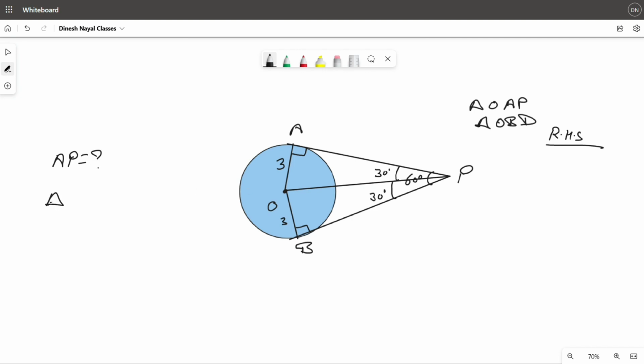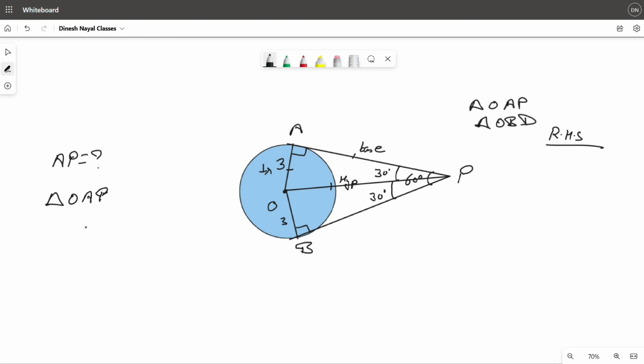Now if you take triangle OAP, we see AP is actually the base. This side AP will be the base. The side opposite to the angle is the perpendicular, and opposite to 90 degree, OP is the hypotenuse.